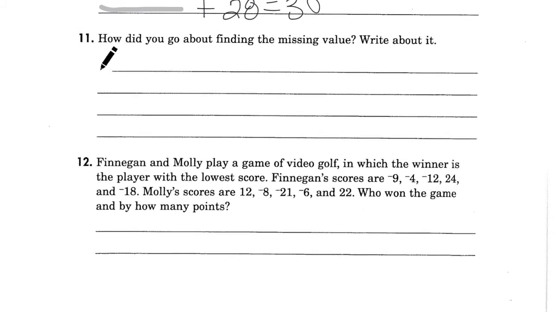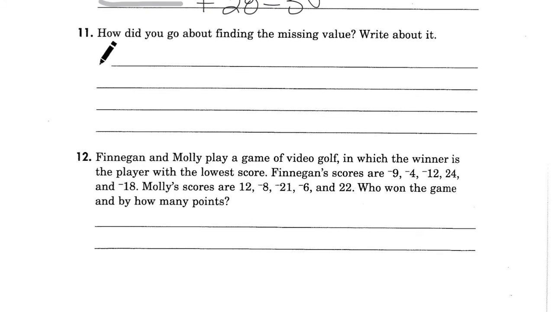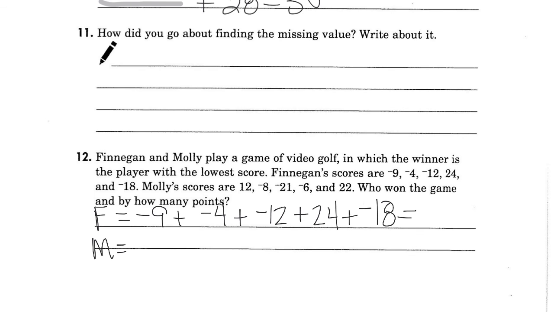When you come down here, we have been dealing with addition problems, correct? So what I would do on problem number 12 is write Finnegan's scores out. I would write Molly's scores out, and I would put a plus sign in it. So I will do Finnegan's: negative 9 plus negative 4 plus negative 12 plus 24 plus negative 18 equals.